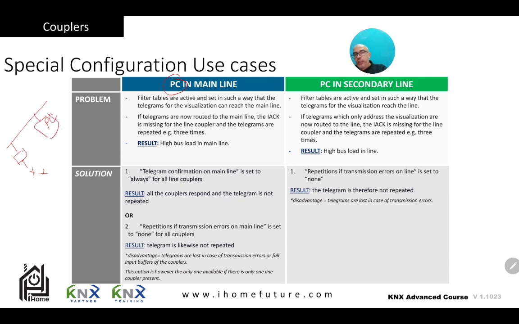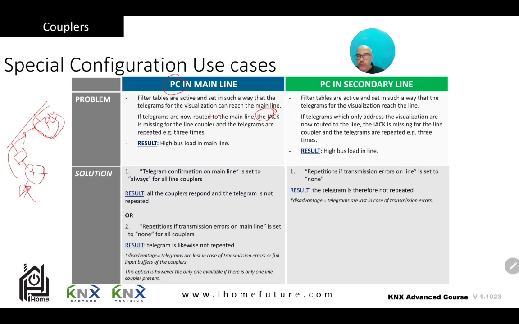I will allow the filter tables to route traffic from here to the PC. However, the PC will not send acknowledgement. So telegrams are routed but the positive signal is not there. This device will not get an acknowledgement from the PC, so it will send again.